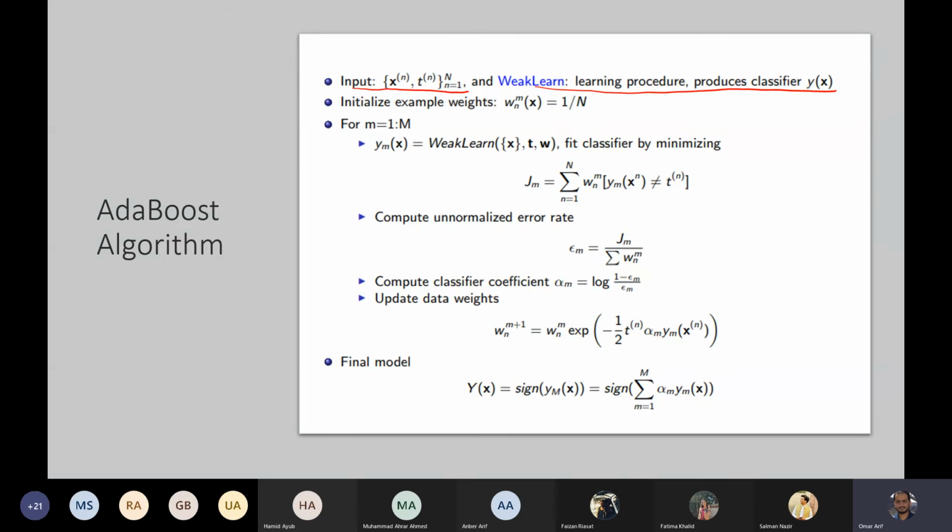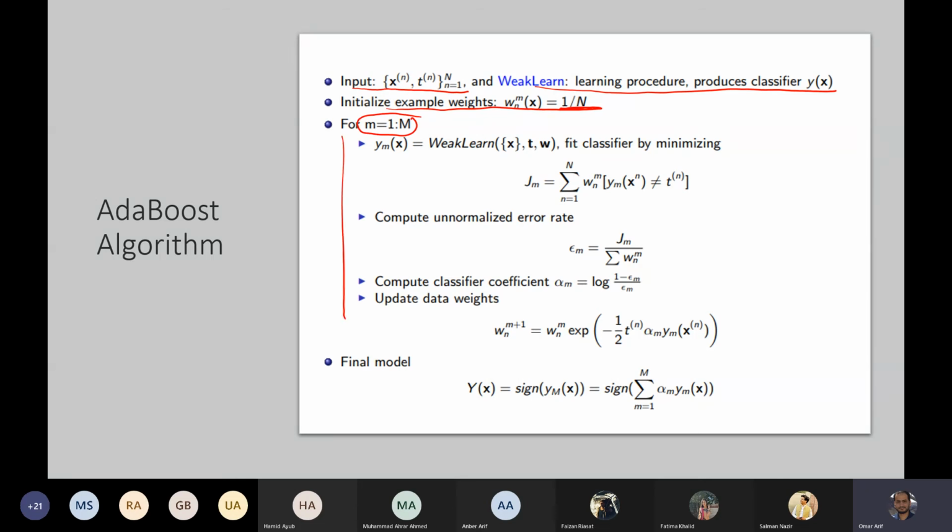You split the tree into two parts only. So you can have any weak learner which is giving you better than a random guess, even slightly better. You initialize the weights equally at the start, and then you train capital M classifiers sequentially.